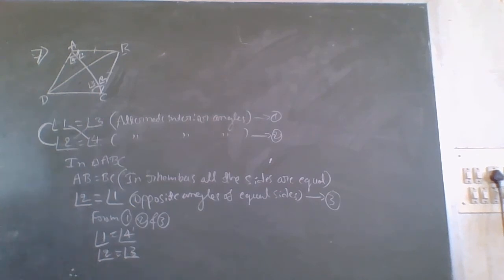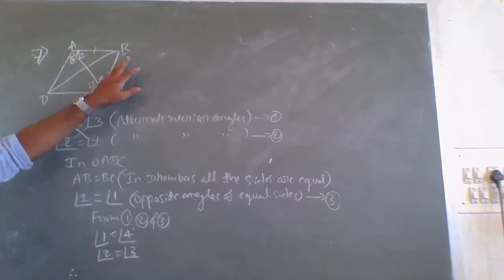After this, similarly we can prove BD; you can write directly without any proof that BD bisects angle B as well as angle D. First you should write AC bisects angle A as well as angle C, and below that, similarly, BD bisects angle B as well as angle D.